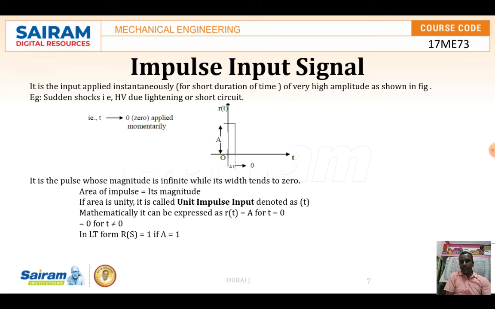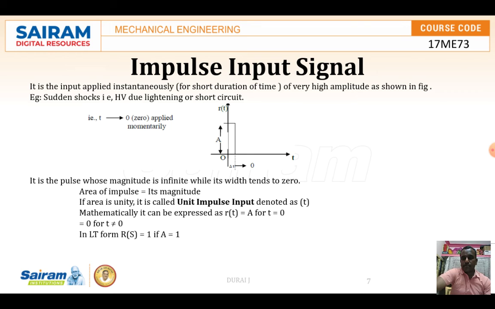In another way, it is an input applied instantaneously with very high amplitude, as shown in the figure. See over here, it is of very high amplitude and applied momentarily. In this pulse the magnitude is infinite while its width tends to 0, and the area of the impulse is its magnitude.